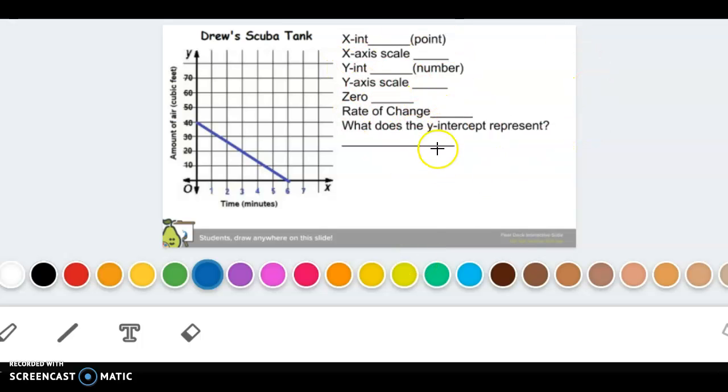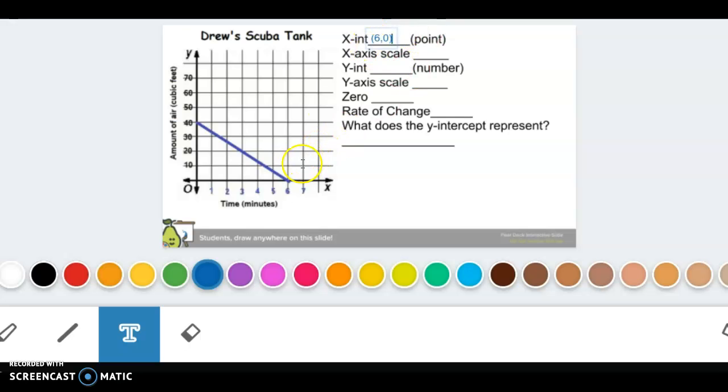Just paying attention to this when it says point. We know where to locate our x-intercept. It's at 6. But if it asks for it as a point, you would have to tell me that it is 6, 0.